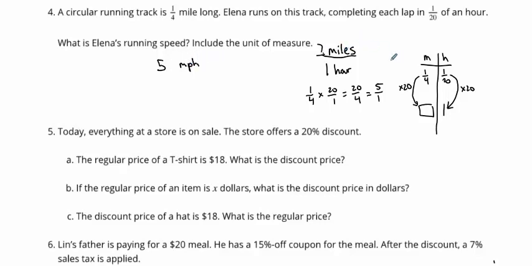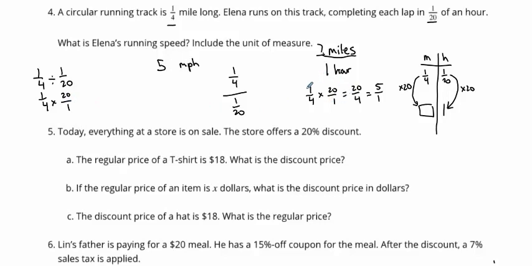Another thing you can do is, you remember unit rate. If we want to find unit rate, we want to know how many miles per 1 hour. So we put 1/4 over 1/20th, miles per hour, and we divide. 1/4 divided by 1/20th, or 1/4 times 20 over 1.